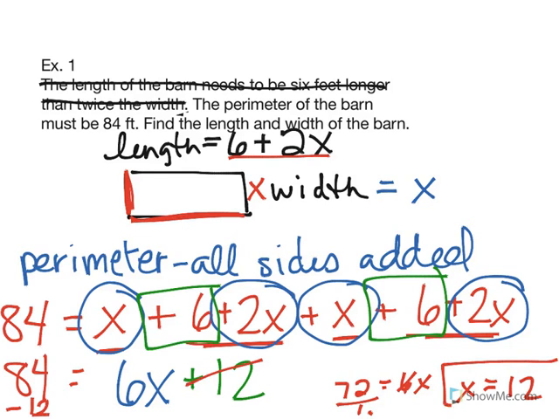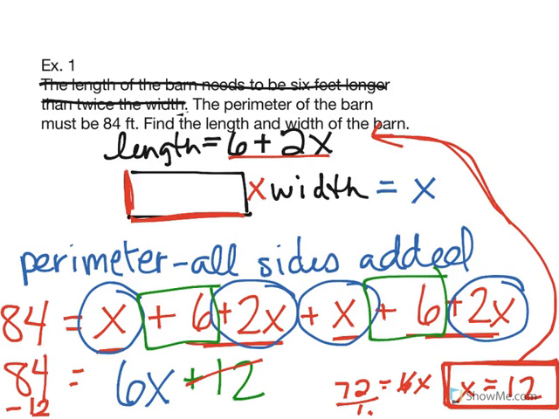The key here is that when you get one answer, please realize that this problem has asked us for two separate answers. It asked us for the length and the width. So what did this x say? Well, this x, remember, was our width. So it says our width is 12 feet.